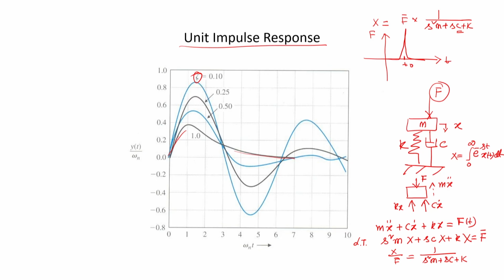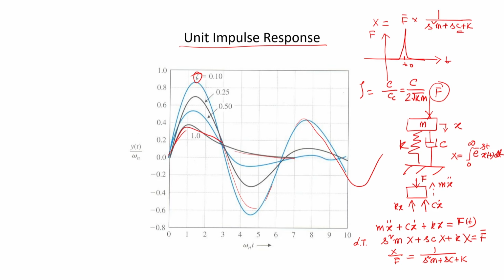The damping ratio zeta is defined as C over Cc, that is C over 2 root k m, and corresponding to this value of 1, there will be no oscillation, and as the zeta value gets lower and lower, the impulse response will show a lot of oscillations in the system.